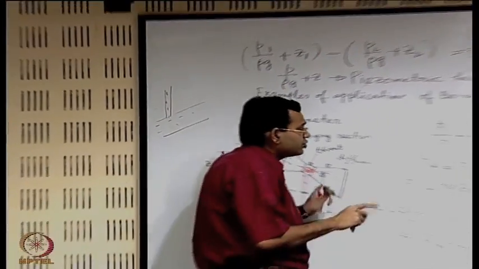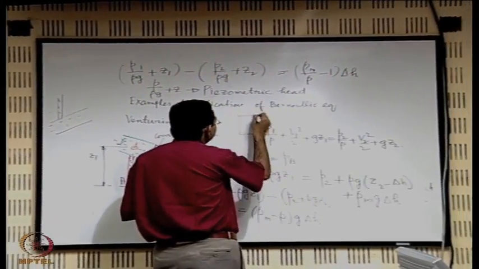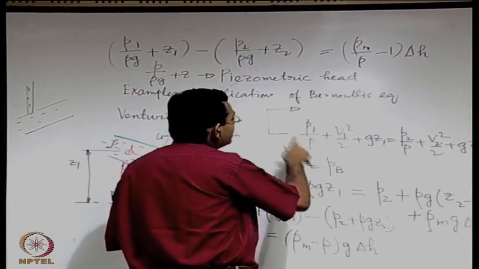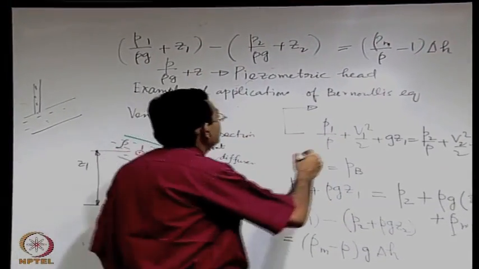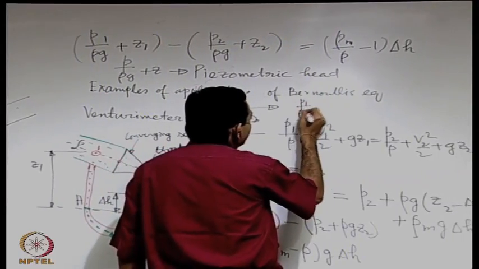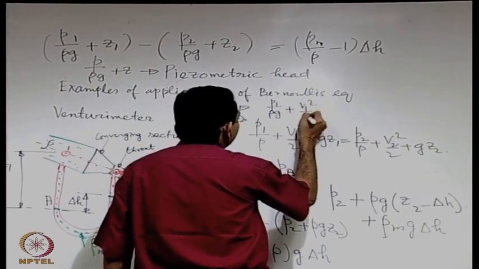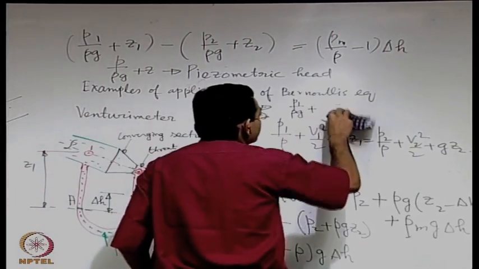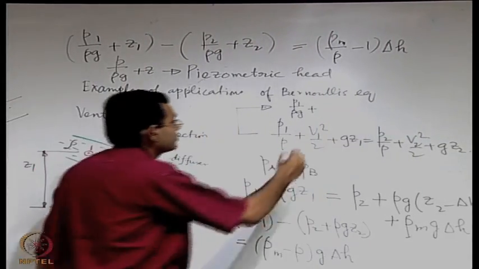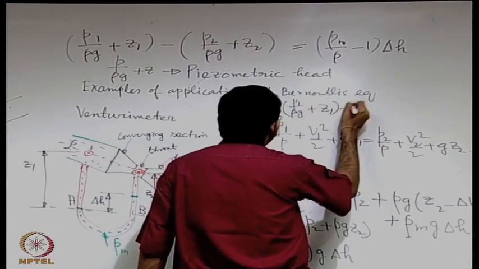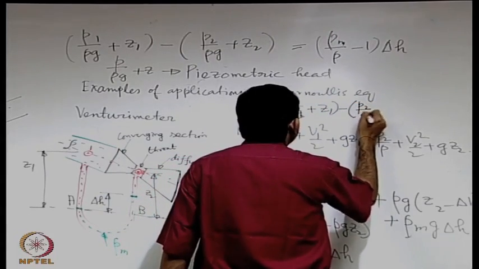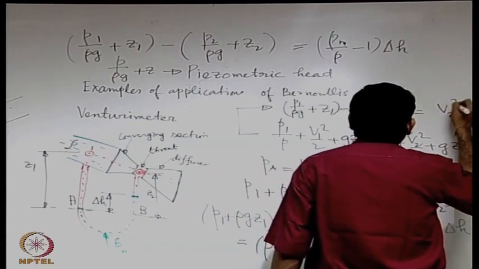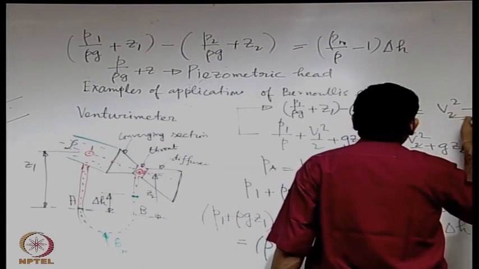Now fortunately what is important for this equation is only the piezometric pressure, because if you write it in this form, you will get P1 by rho g plus Z1 minus P2 by rho g plus Z2, that is equal to V2 square minus V1 square by 2g.